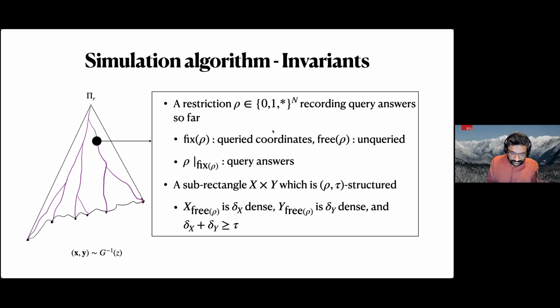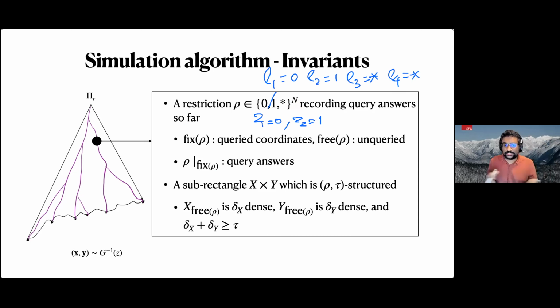It's basically a value in {0, 1, star}^n. For example, if rho_1 is 0, rho_2 is 1, rho_3 is star, rho_4 is star, that means we queried Z1 and the answer was 0, we queried Z2 and the answer was 1, and we have not queried Z3 or Z4.